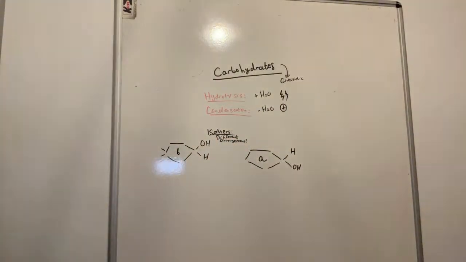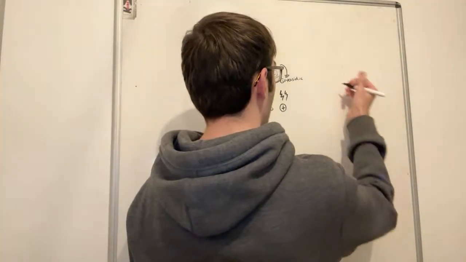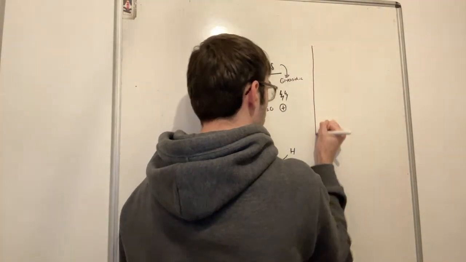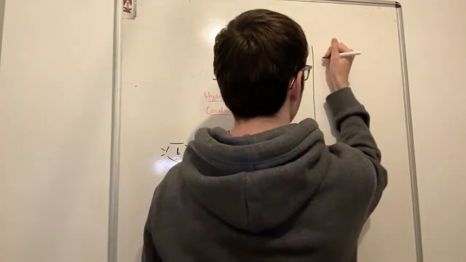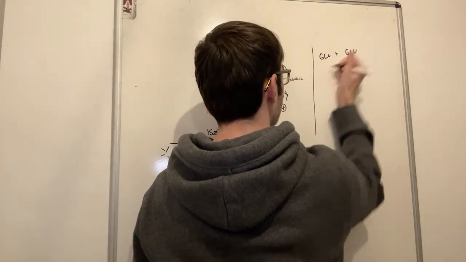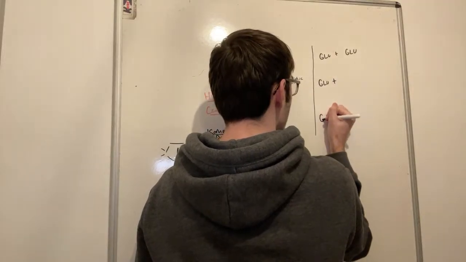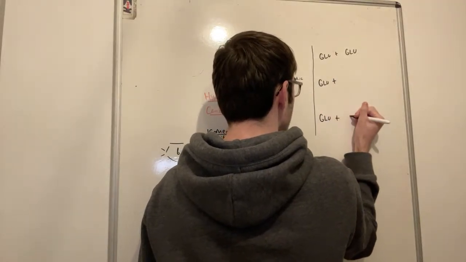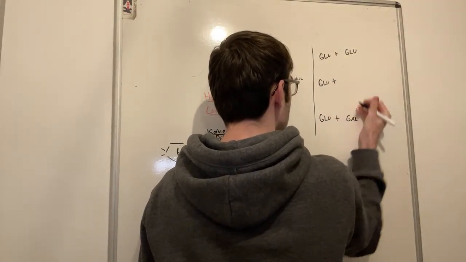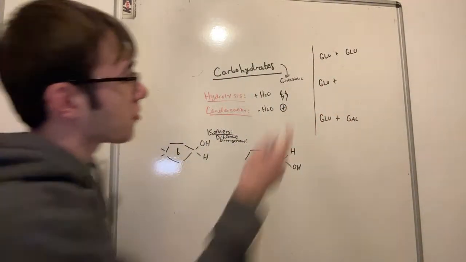Okay. Now let's look at some specific examples, some combinations. So, glucose plus glucose, glucose plus galactose. I always forget sucrose, maltose, fructose, that's it.